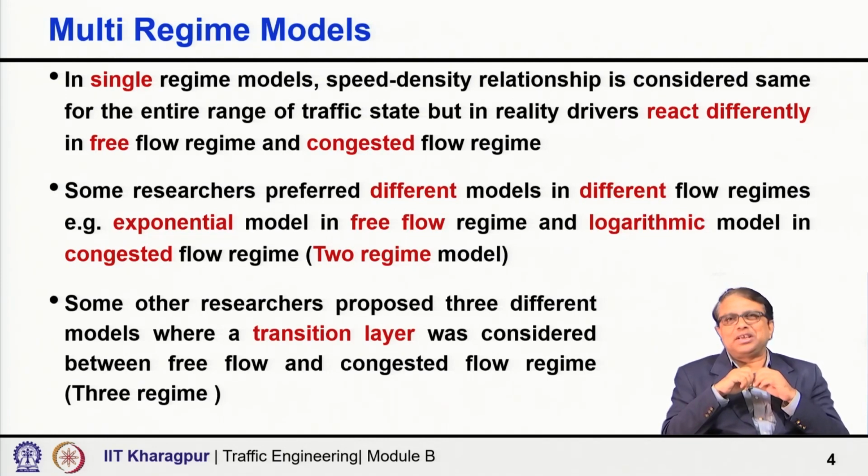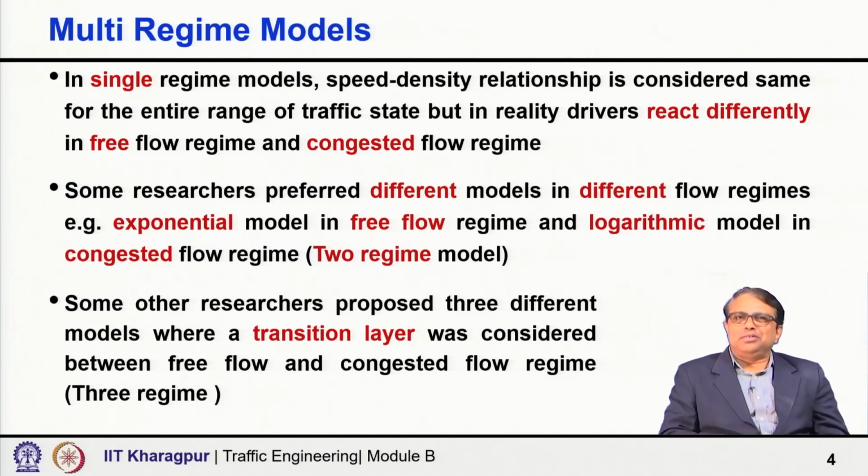But some researchers found that single regime models do not work properly in many cases. So, they preferred different models in different flow regimes. For example, an exponential model in the steady state or free flow regime, and a logarithmic model in the congested flow regime.